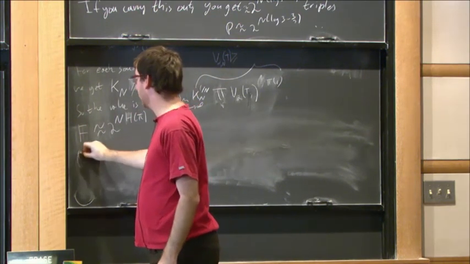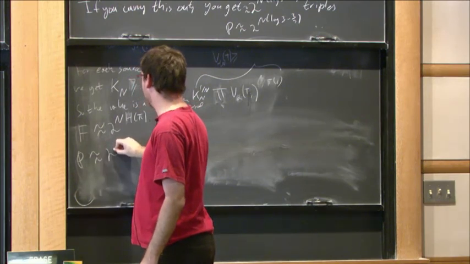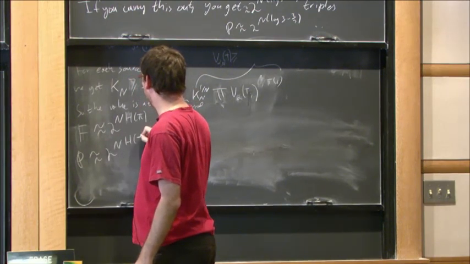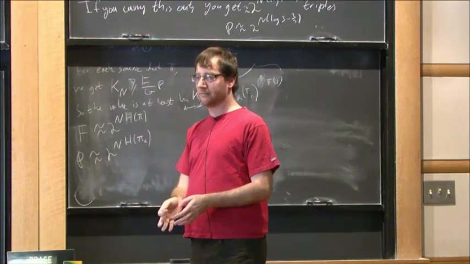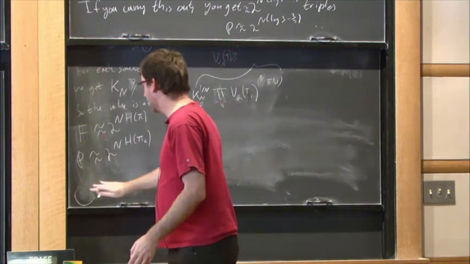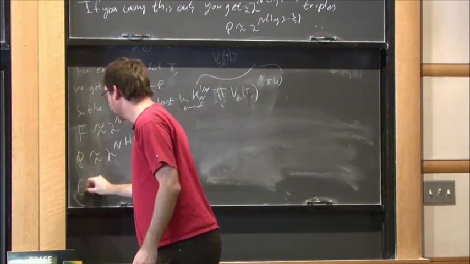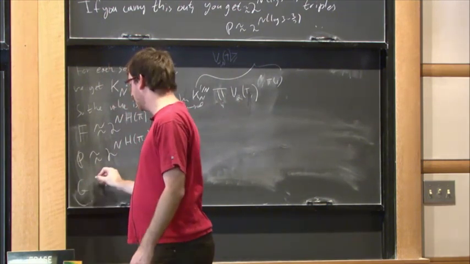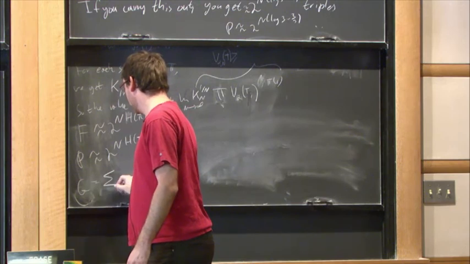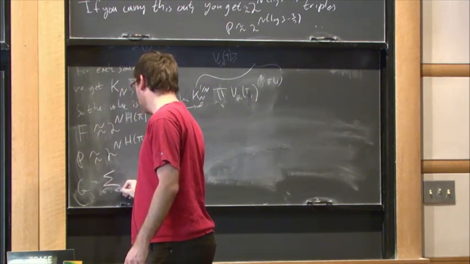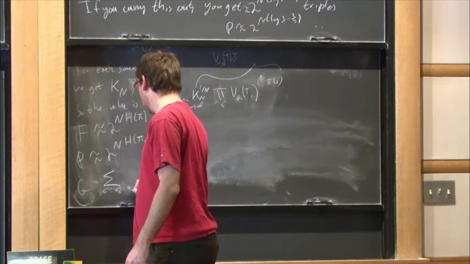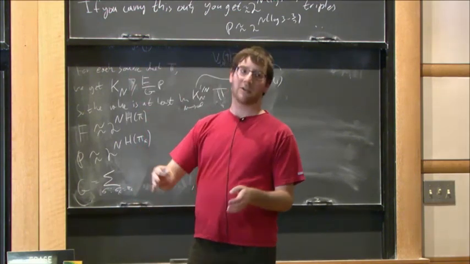And p is roughly 2 to the n times h of pi x, where pi x is the projection into the x indices. And what is g? G is the sum over all distributions sigma that have the same x distribution and y distribution and z distribution.